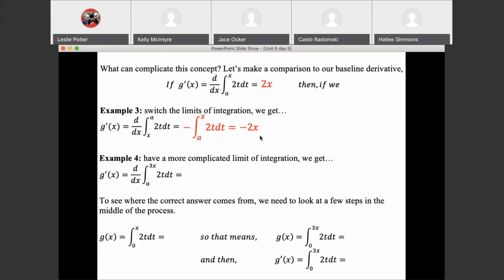Okay, all right, so we're going to complicate it a little more. In example 4, I've got the constant down in the bottom, so that's a good thing. It's there. But the top is now 3x. So let's kind of speculate here. What should we do with the 3x?